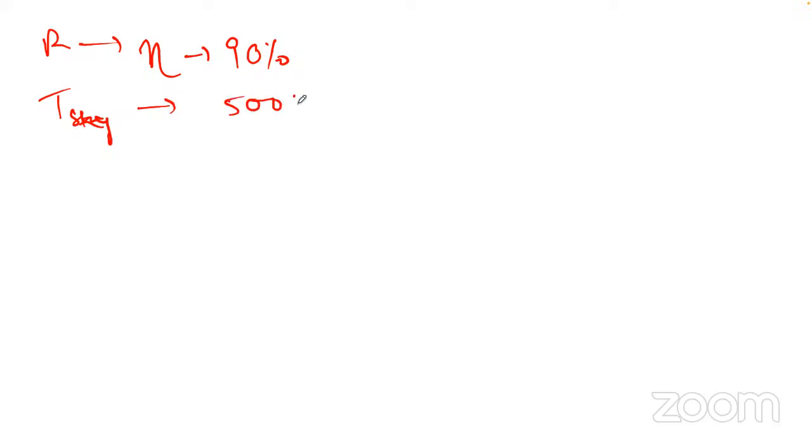Let's take a radio telescope which has an efficiency of, sorry, 90%. Now we say that T sky is, let us take, 500 Kelvin only. And your noise figure NF, I will say it's 3 dB.